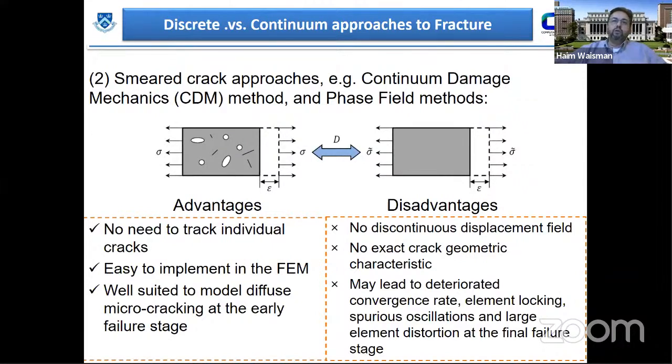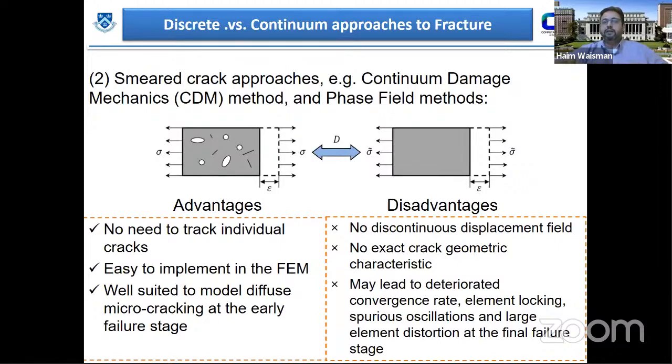And it's well suited to capture if you have many micro cracks or voids and so on. But the disadvantage of this approach is that it doesn't resolve discontinuous features exactly. Sometimes those are very important. And also there are some numerical issues that are associated with that. For example, you need to solve a nonlinear problem, and there are issues of convergence and things like that.